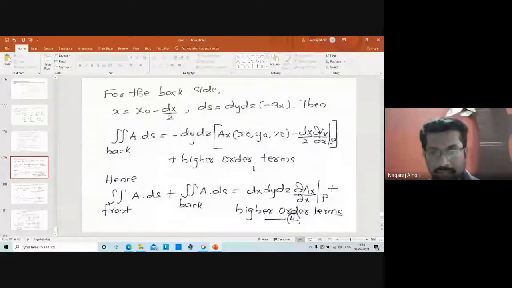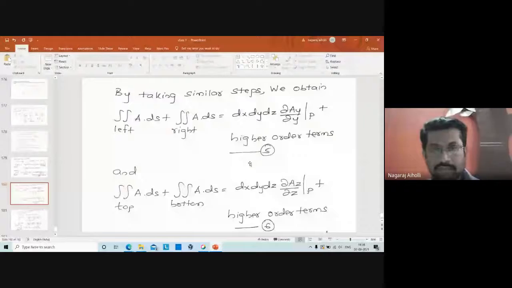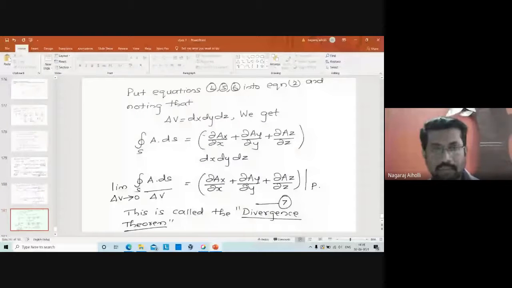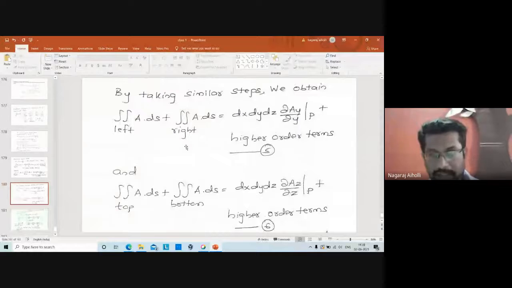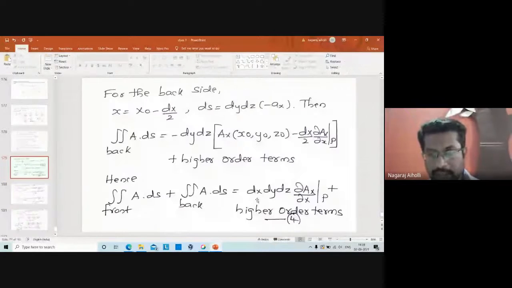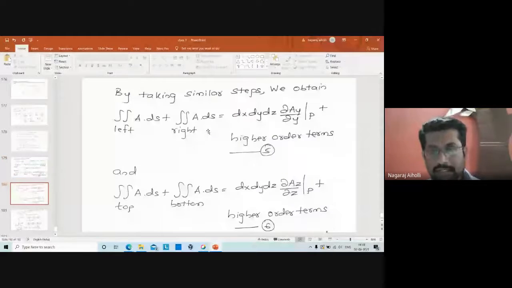Putting equations 4, 5 and 6 in equation 2, into the closed surface integral a dot ds, what are the terms we have got? Front plus back, dx dy dz ∂Ax/∂x. Then for left and right, dx dy dz ∂Ay/∂y. Then top and bottom, dx dy dz ∂Az/∂z.